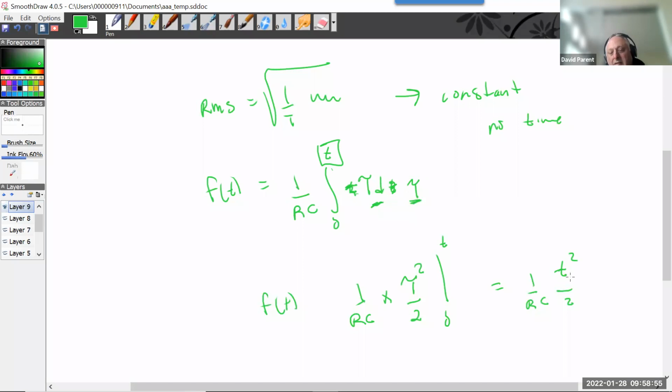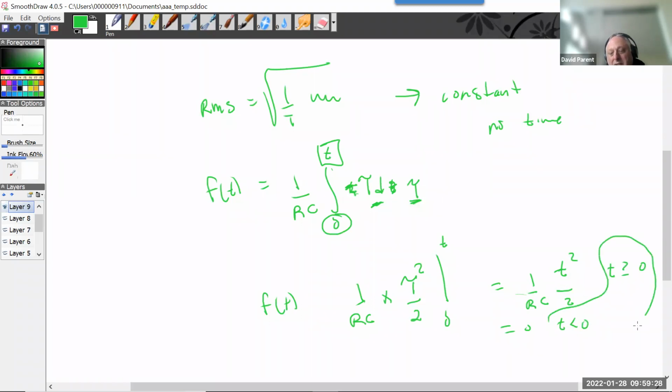We'll go over that later. That's part of the class. You might have seen it before, right? And of course, there's something here that can be forgotten. Since we started at 0, F of t equals this for t greater than or equal to 0, and it equals 0 for t less than 0.